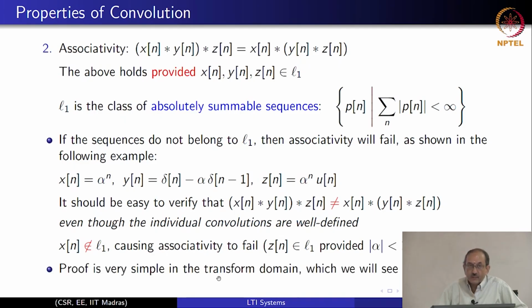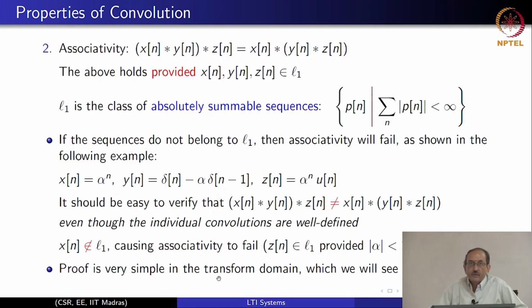And proof of associativity is very simple in the transform domain. It is simple in the transform domain because the transform you assume it exists, and a power n, which is the everlasting exponential, clearly does not have a transform.